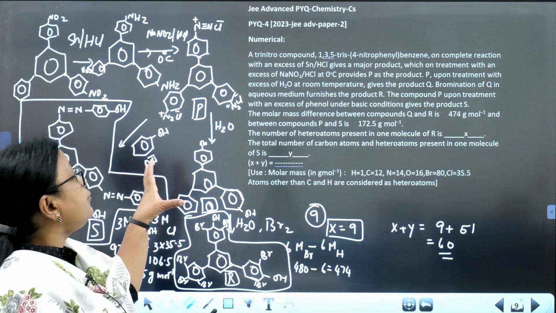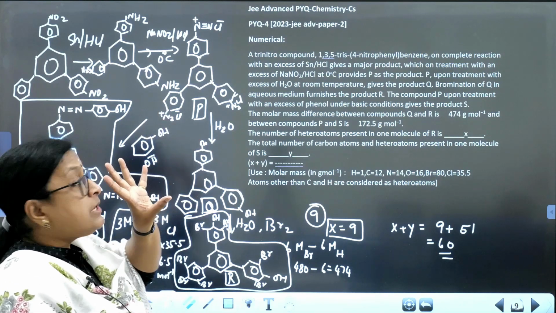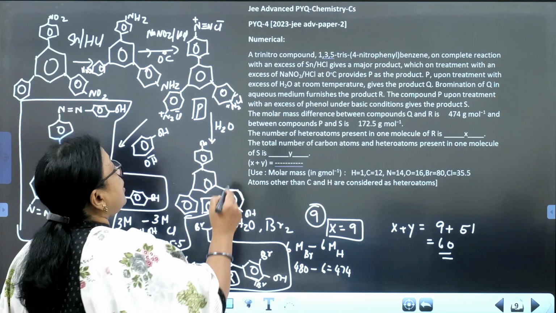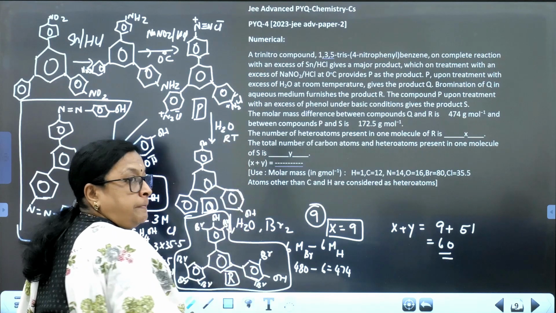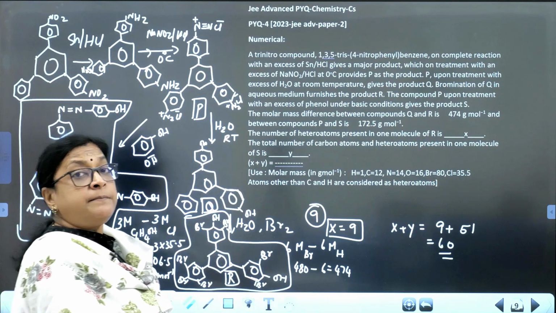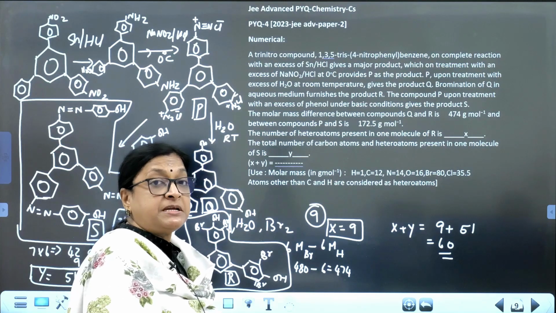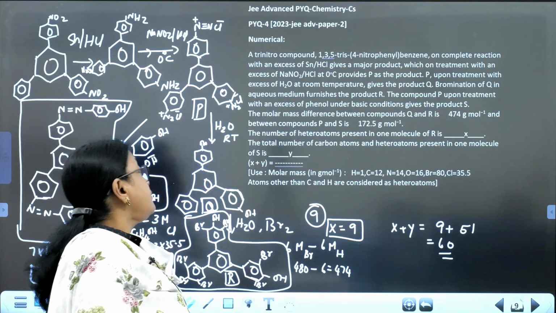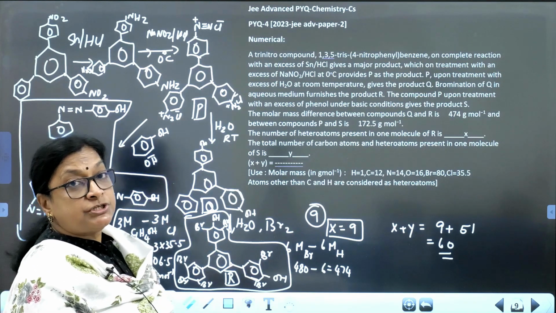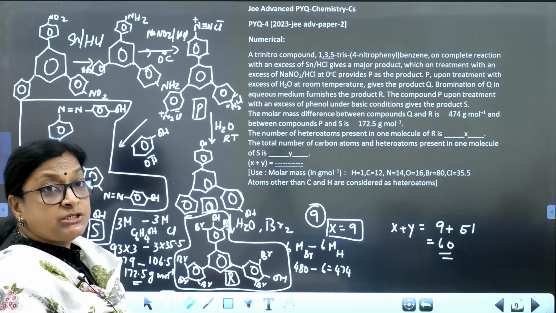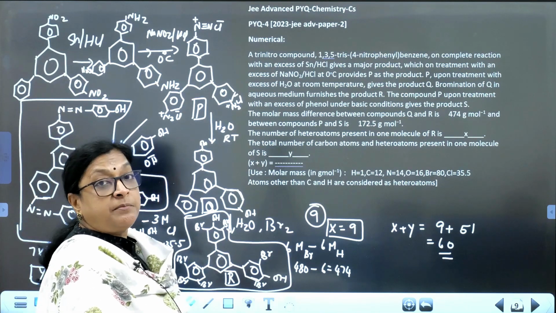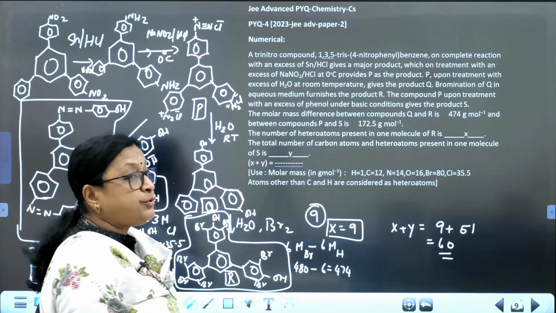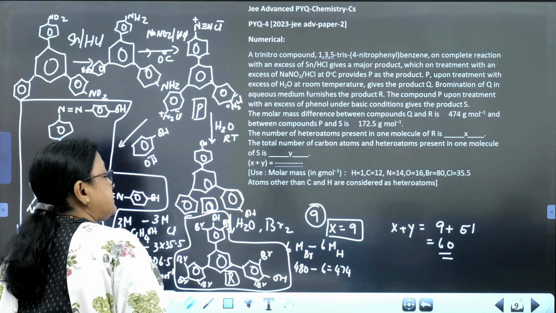All the aniline groups will get converted into diazonium chloride, followed by treatment with water at room temperature. So we know diazonium salts with water, especially benzene diazonium chloride with water at room temperature, undergo nucleophilic substitution reaction where all the diazonium groups will be substituted first by water followed by deprotonation, and you will get an OH group there and Q is this.